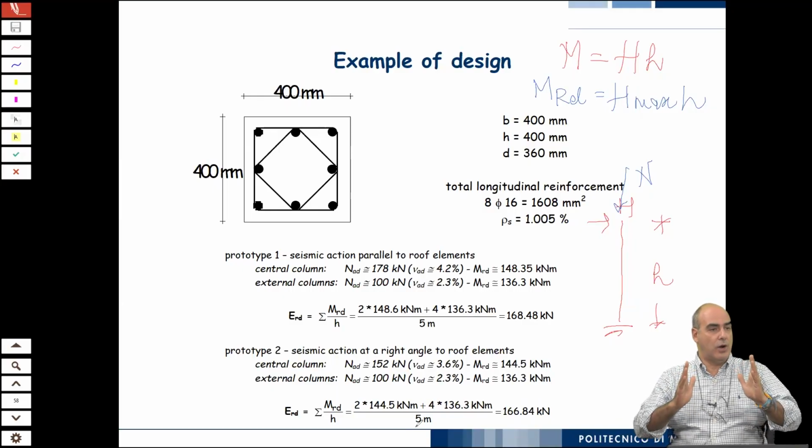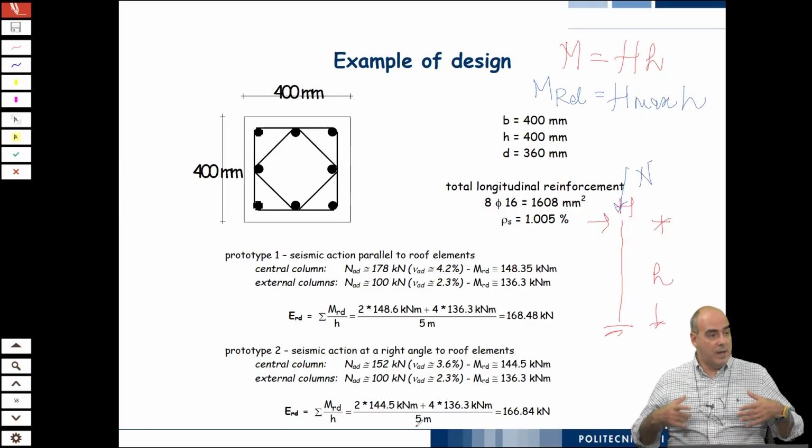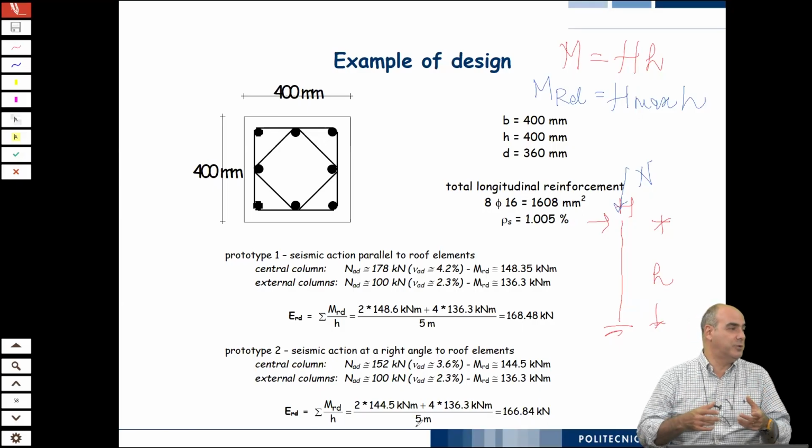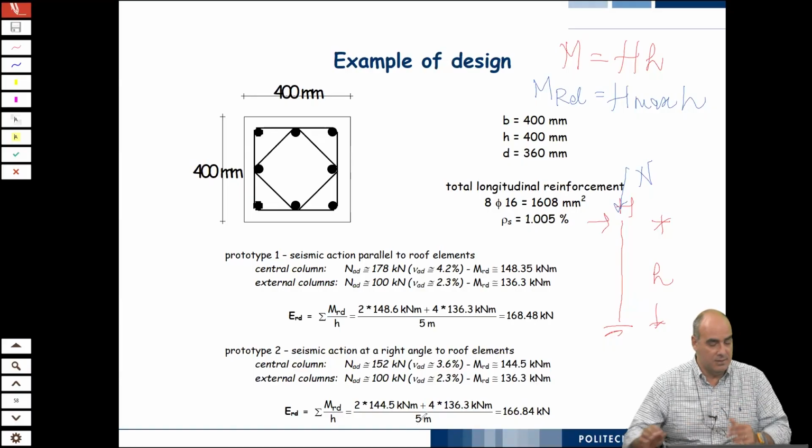We had only 6 columns, so all the 6 columns participate in the resistance. They are equal, they take an equal share. But this is okay when you redistribute; when you push it to the ultimate limit states, you can redistribute force proportionally to the strength. And here the strength is not much different. So these were the assumptions.